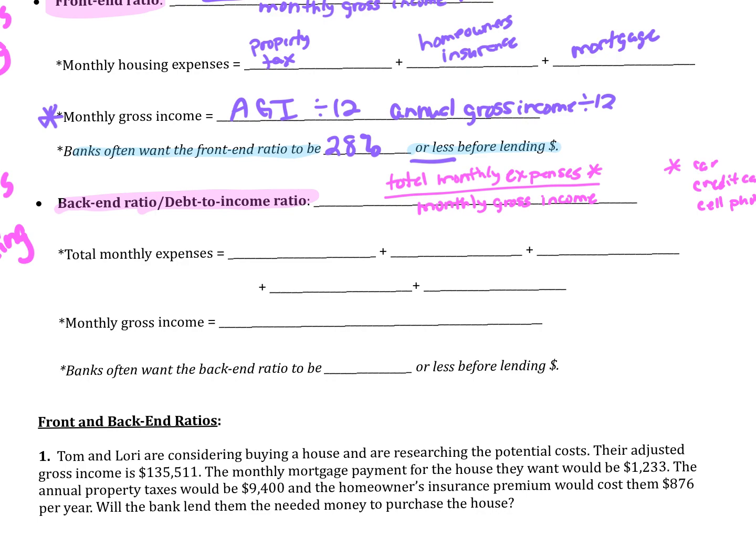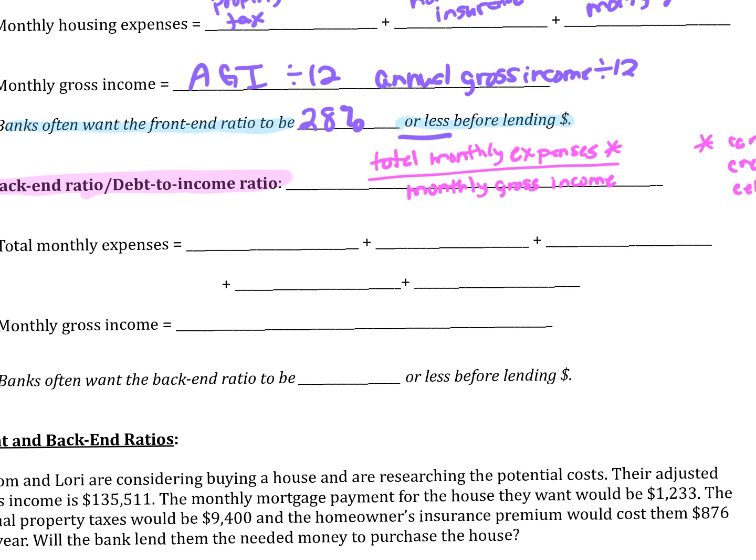So total monthly expenses, your mortgage payment, plus your property taxes, plus your homeowner's insurance. So all of the things that we considered up above, I'm trying to write fast and this is just way messy. Plus, this is the added, right?